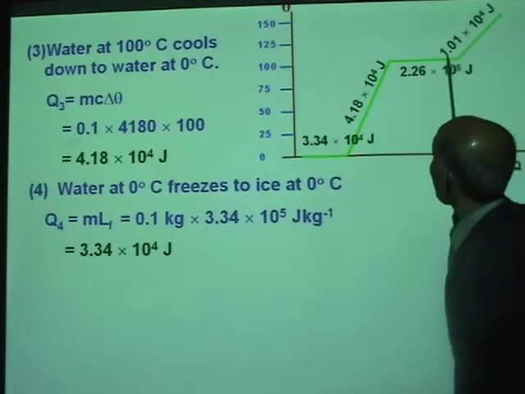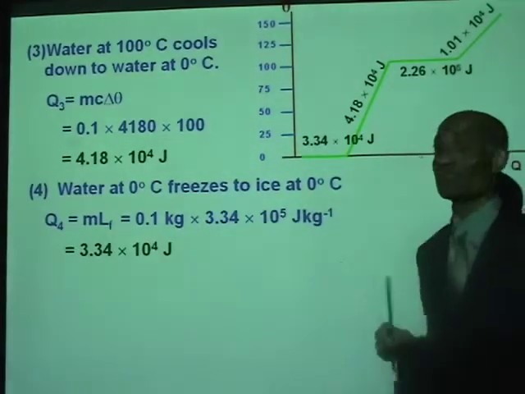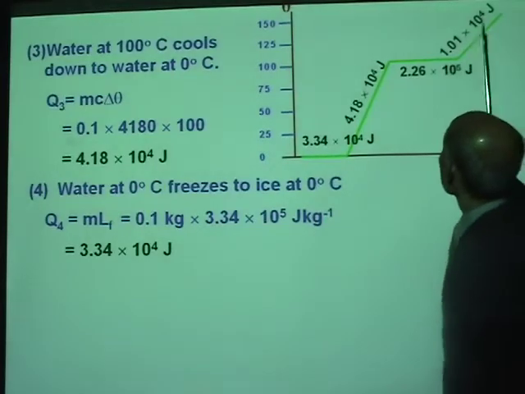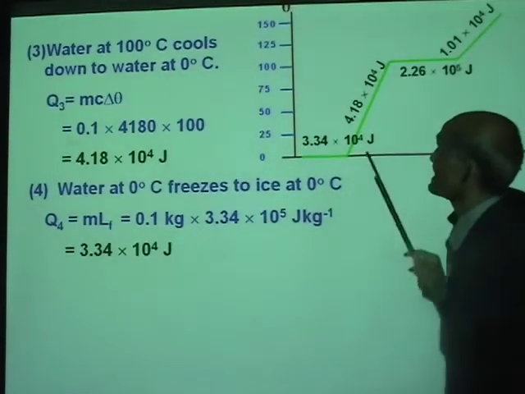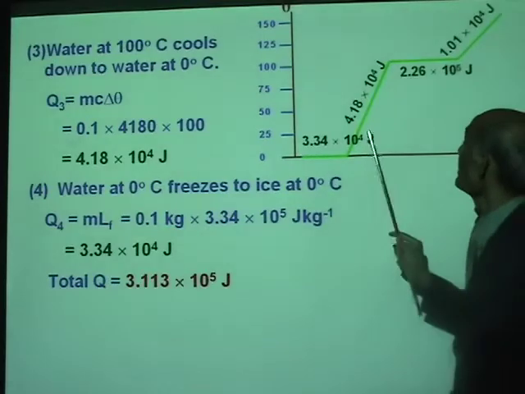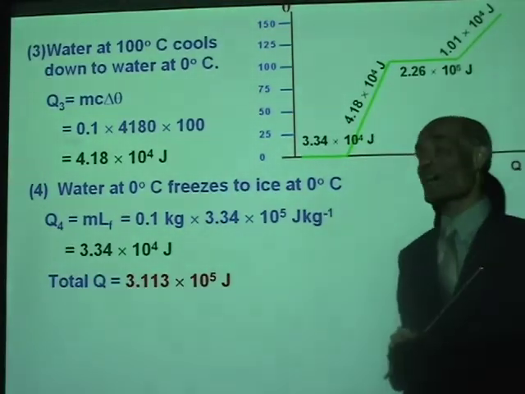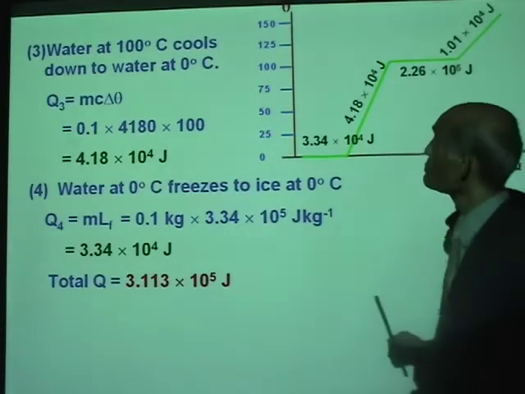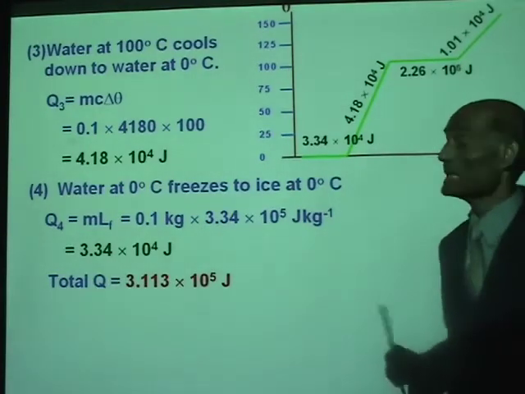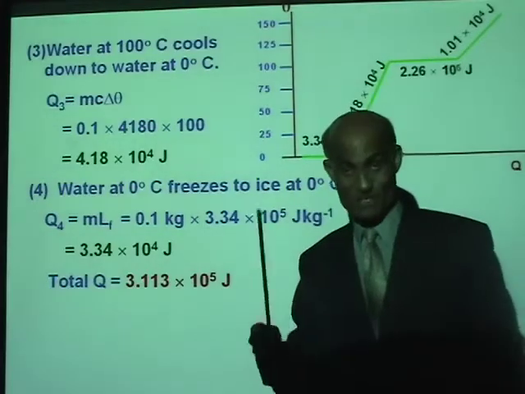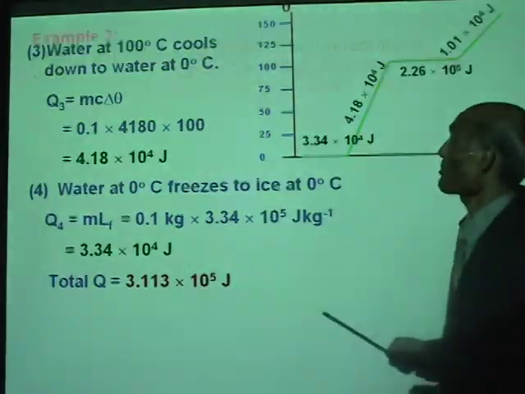How much is the amount of heat given out altogether? The total amount of heat liberated is the sum of all these, and I got it as 3.113 times 10 to the power of 5 joules. If you are familiar with this method, you can really solve any problem.